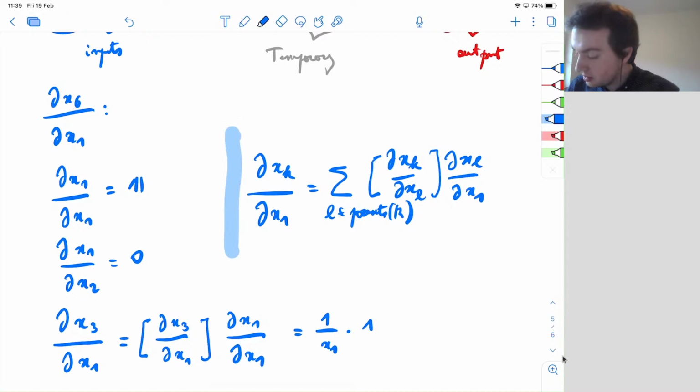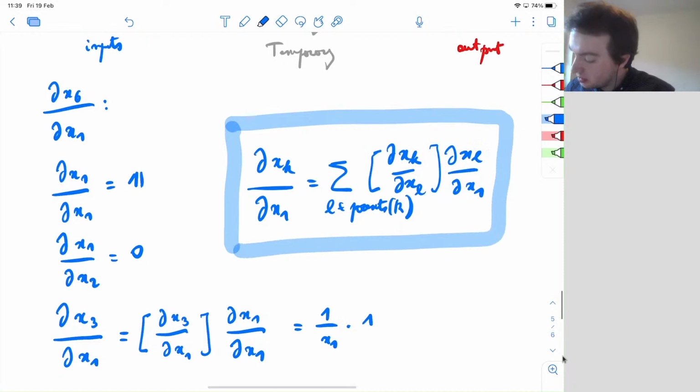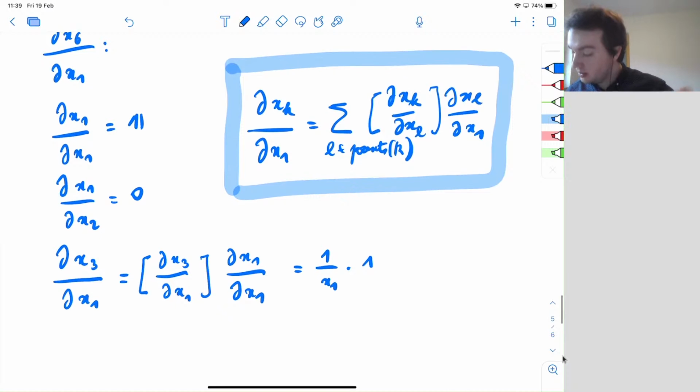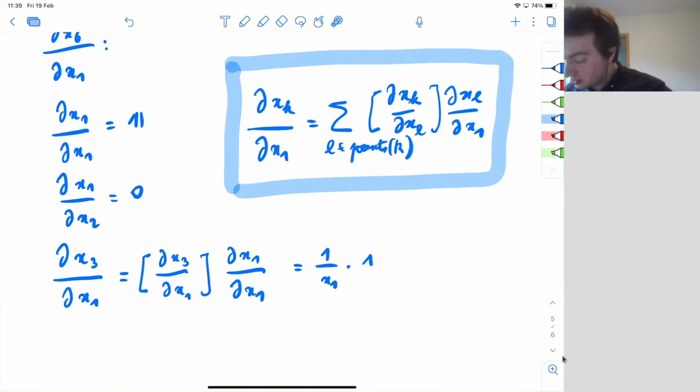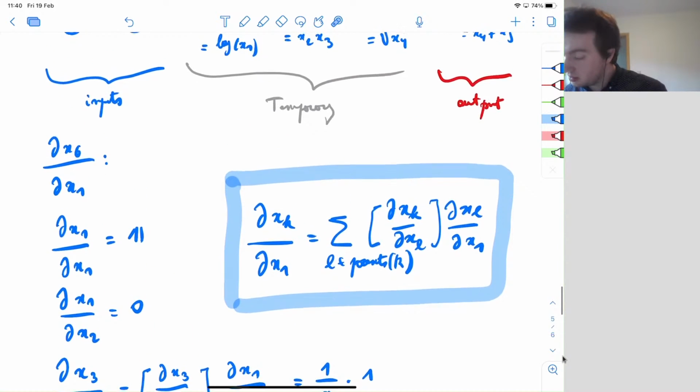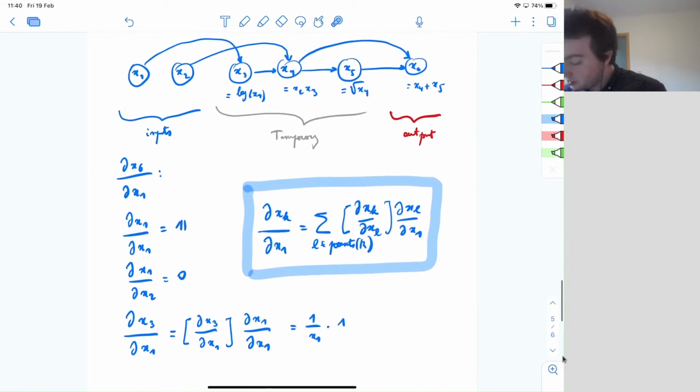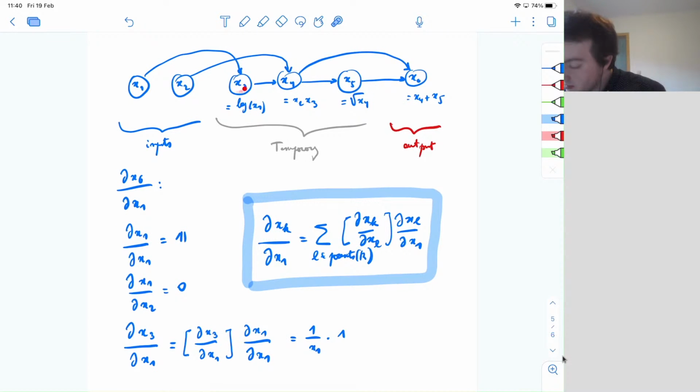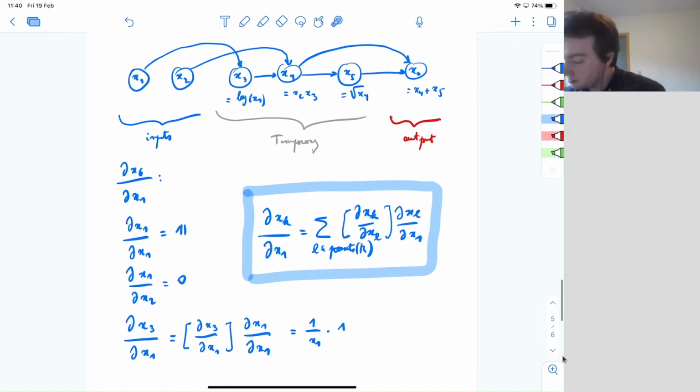So this is the rule that we apply. Right? So when I was considering x3, the set of parents of x3 is just made of one parent, which is x1, right? So look at things like this. x3 depends only on one guy, which is x1.